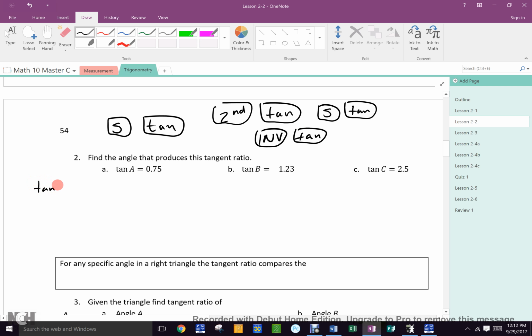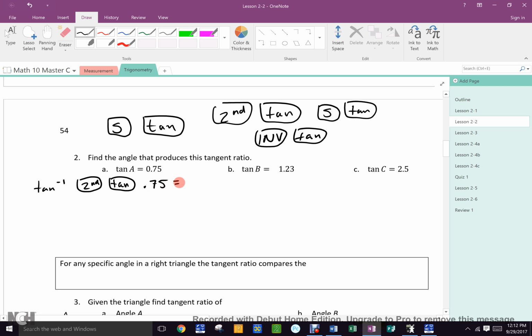If you have a backwards calculator, it will not show you anything. So, with the forward calculator, to do this question, you will push second, tan, 0.75, and equals. And what does that give you? 36.8. Do we measure angles in decimals? Does anybody know? No, we measure angles in minutes and seconds, like time.